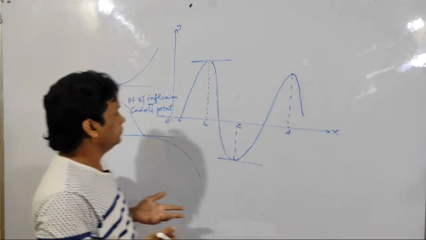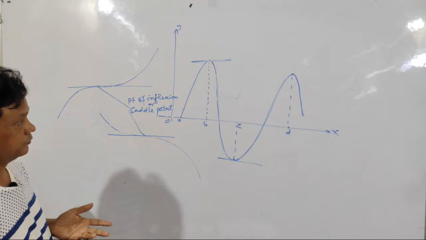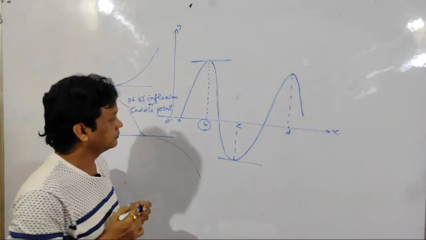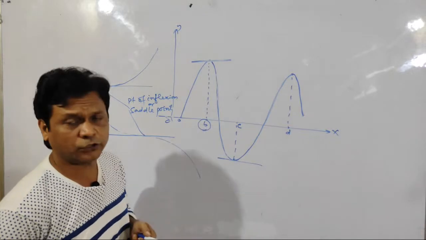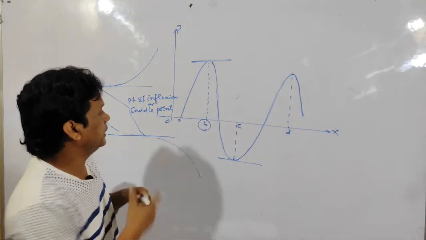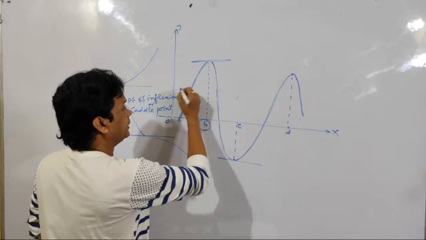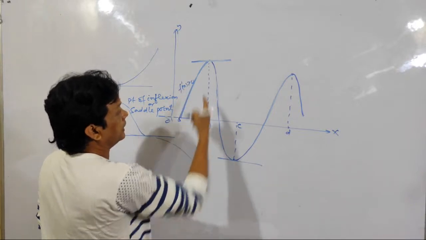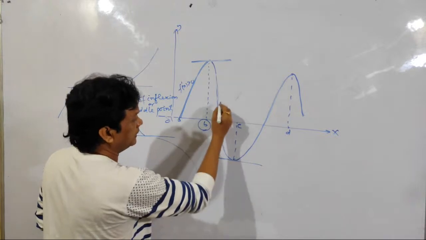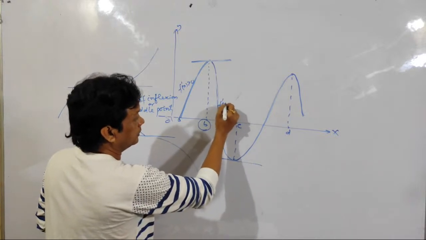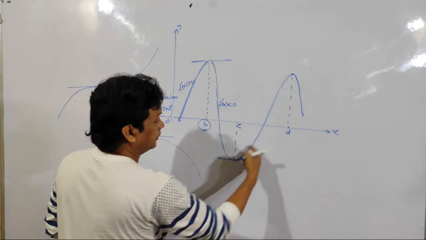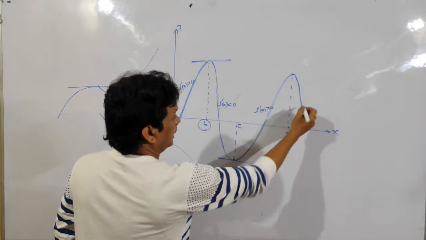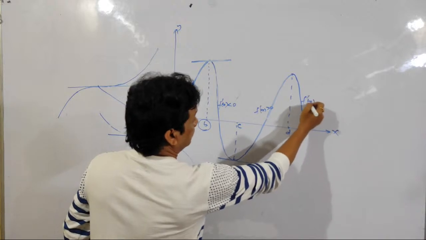Okay. First of all, see here. While passing through x is equal to b, the graph is increasing. The graph is increasing means the derivative is positive, and here the graph is decreasing, and in this case the derivative is negative, and again for increasing the derivative is positive, and here the derivative is negative.